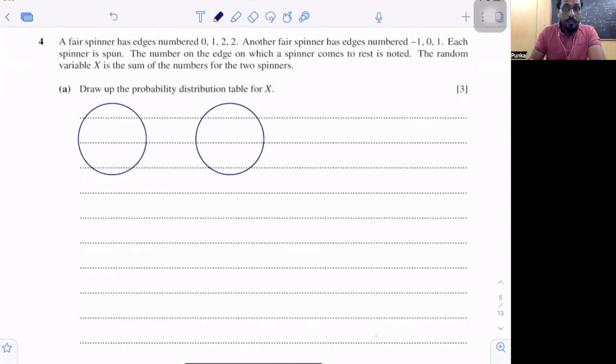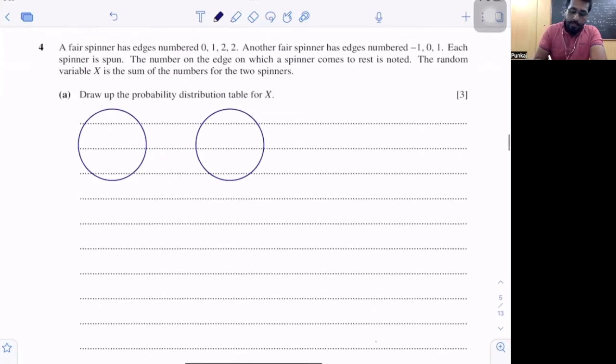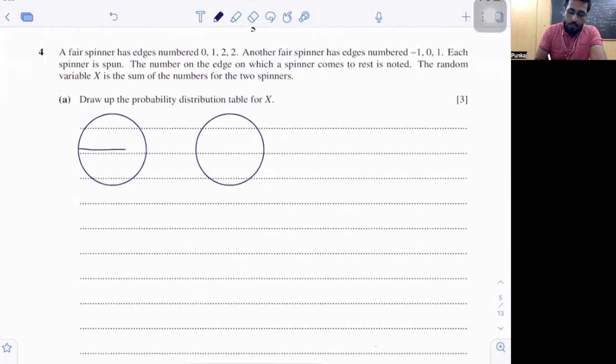So there are two spinners given to us, and for that spinner, the edges are numbered as -1, 0, and 1. So I will divide this spinner, the first one, into 4 parts, because there are 4 numbers given to us.